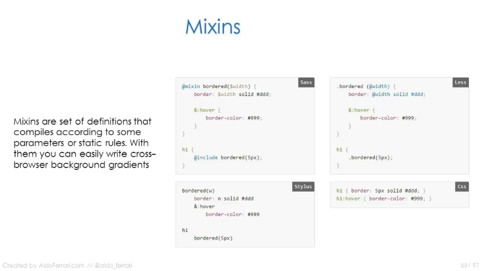As you can see from your screen, you can improve this mixin by adding the color that you have defined as DDD, putting it as a parameter. So the next evolution of your code will be border with width, comma, and color, and so on. Start to think in a more object-oriented CSS way.